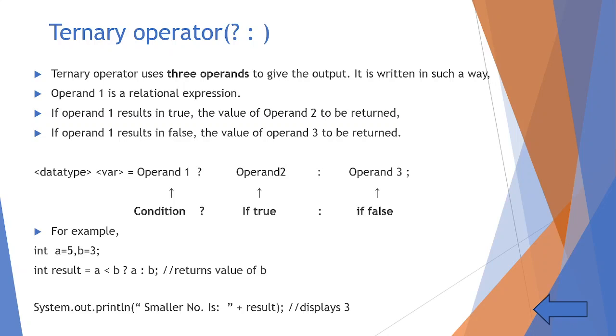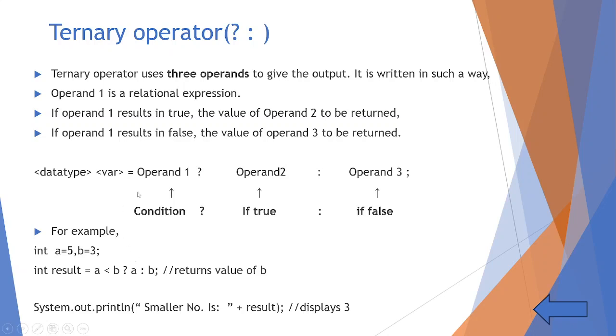If operand 1 results in true, then the value of operand 2 should be returned. And if operand 1 results in false, the value of operand 3 is returned.